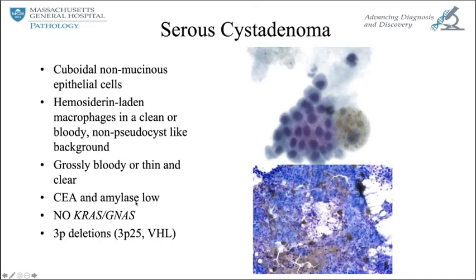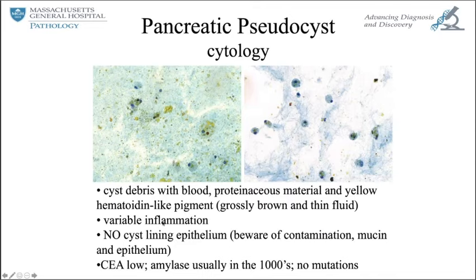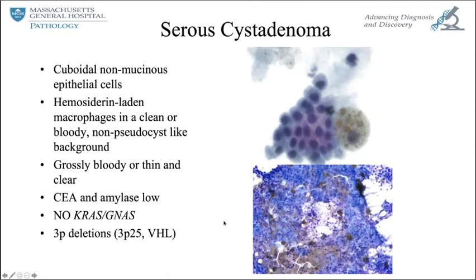CEA and amylase should both be very low. And so if CEA is high or amylase is high, it's not going to be a serous cystadenoma. You will not find a KRAS or a GNAS or a RNF43 mutation, but you may find a von Hippel-Lindau gene mutation, which can completely change the clinical impression of often a branch duct IPMN.